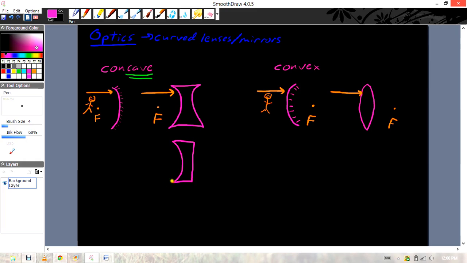This is a concave because it caves around the light. And this would be a convex lens. If you have the other side shaped in the same fashion, of course you can use it both ways, which typically is the case.